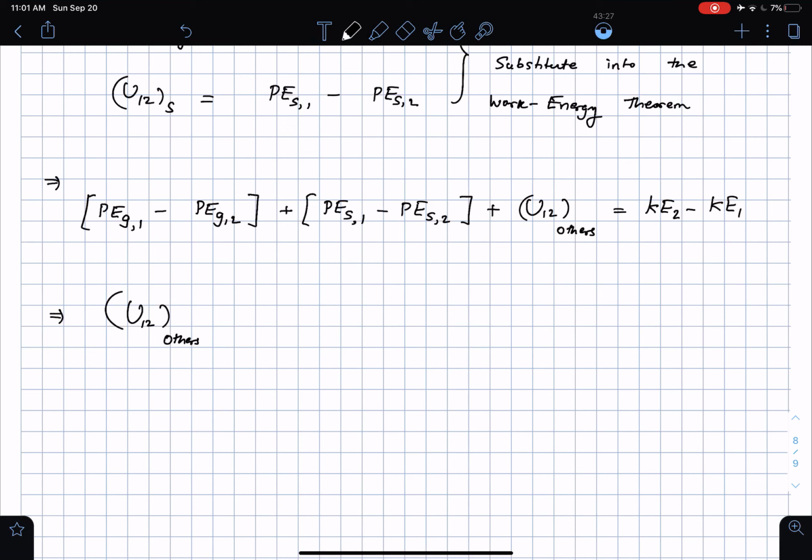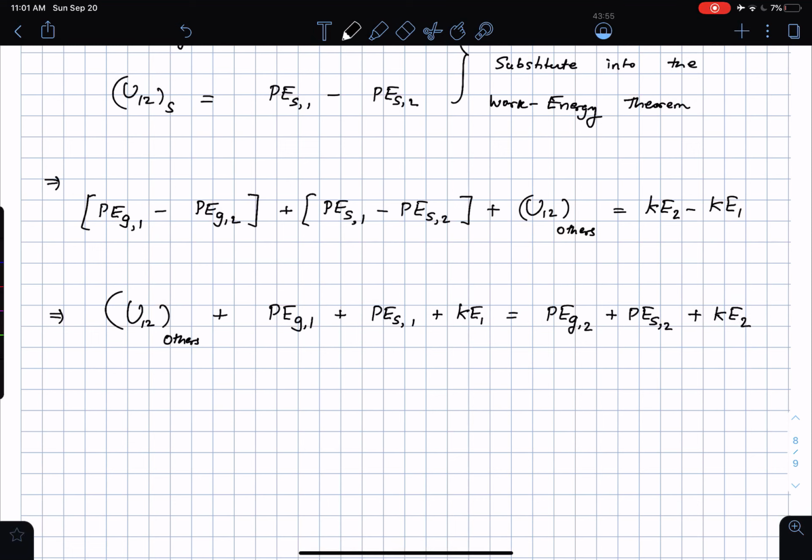Alright, so U1 to others plus PE G1, PE S1 is equal to, and I'm going to bring the KE onto this side as well, so plus KE1 is equal to PE G2, PE S2 plus KE2.